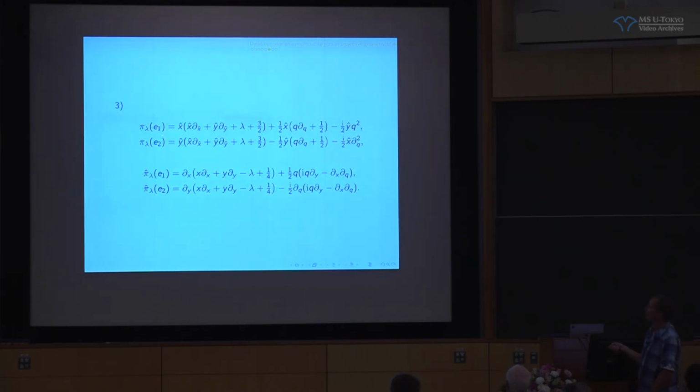So for pi lambda in the initial representation, these two root vectors act in the following way. As we can see, they are differential operators of second order, and that's because in that fiber variable we differentiate in the variable q, so that's in the vertical direction, in the direction of the inducing representation.